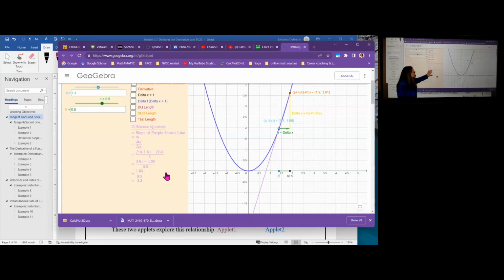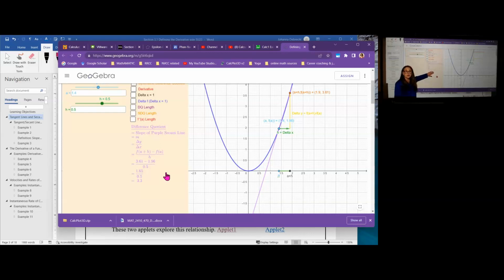So the x becomes a plus h. And when you subtract a plus h minus a, you get h. So the h is the value of x minus a. It's how far x is from a. This represents exactly the same thing. It's another way of writing it.